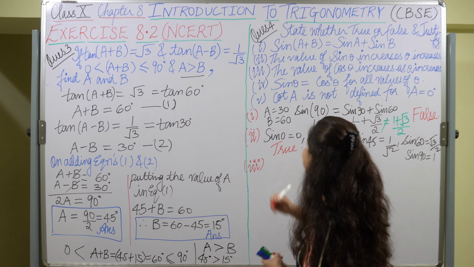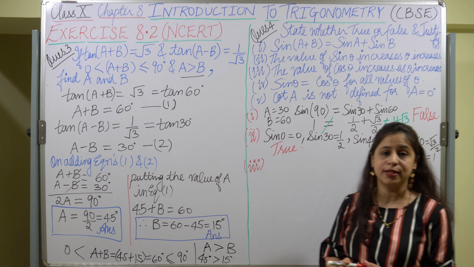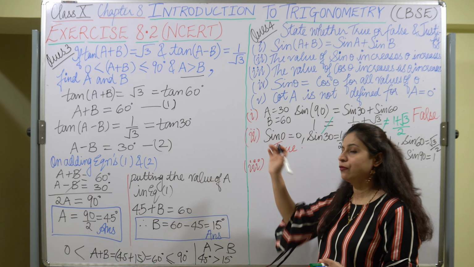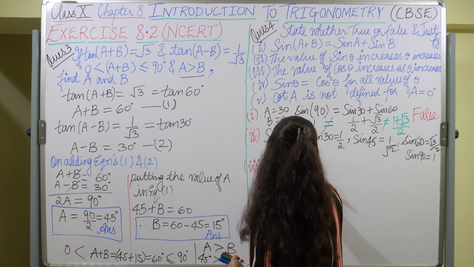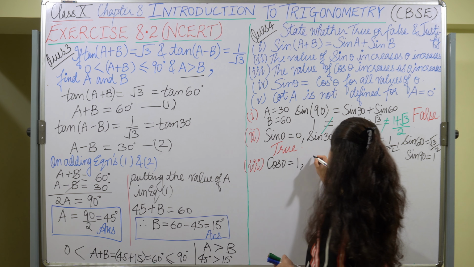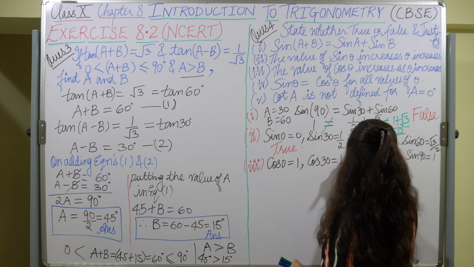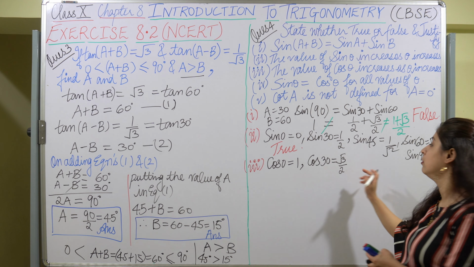For the third part, it is saying the value of cos theta increases as theta increases. Now let us write down all the values of cos as we have written for the sine in the second part. So cos 0 is 1, then cos 30 is root 3 by 2, that is nearly equal to 0.87.